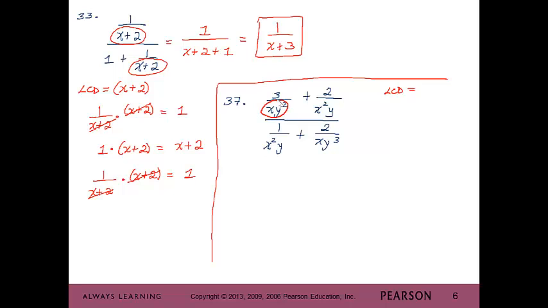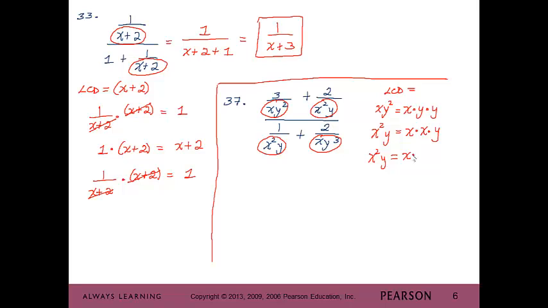We have xy squared, and then we have x squared y, and then we have x squared y, and then xy to the third power. So let's start by writing the factors of xy squared. They are x times y times y, and then the factors of x squared y, so that is x times x times y, and then x squared y again.